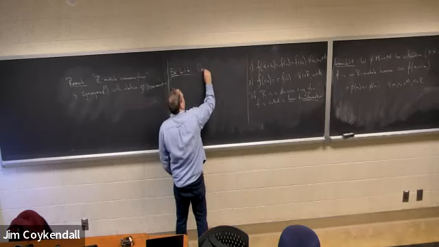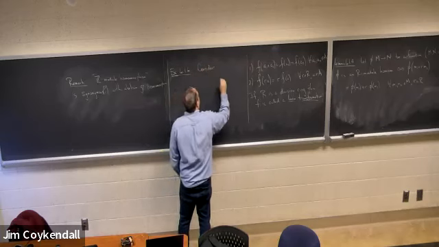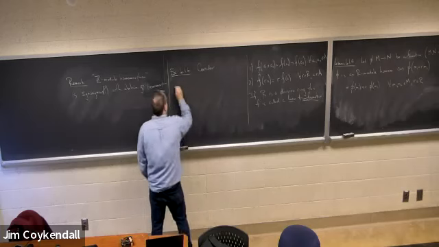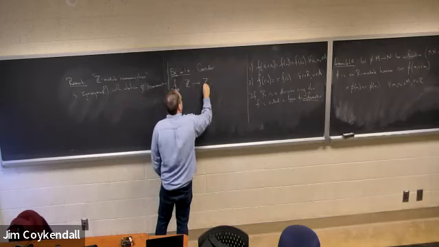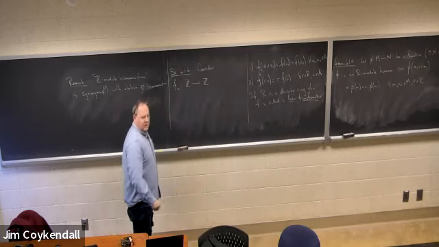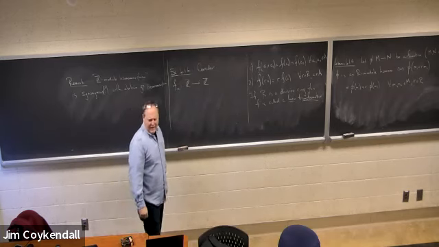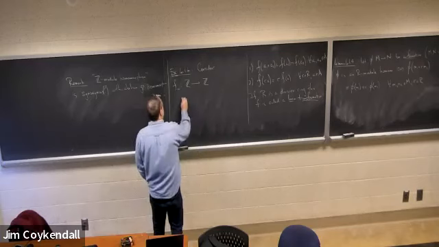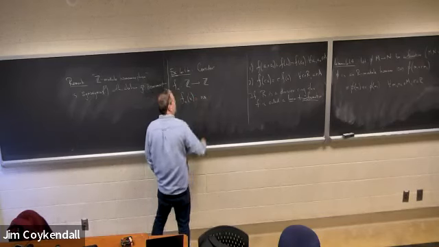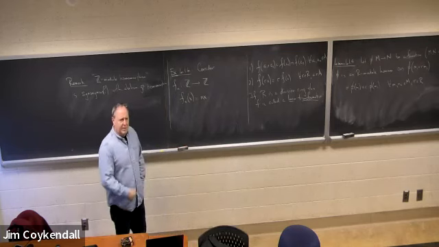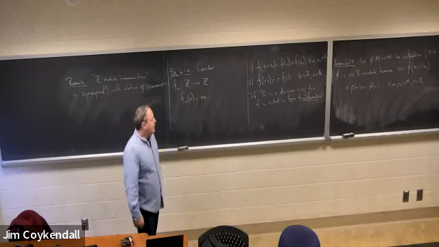Consider f_n from Z to Z. So I'm going to give you kind of a simple function. The n is supposed to be suggestive in the sense that f_n of x is n x. So basically the function f_n just means take whatever the input is and multiply by n.